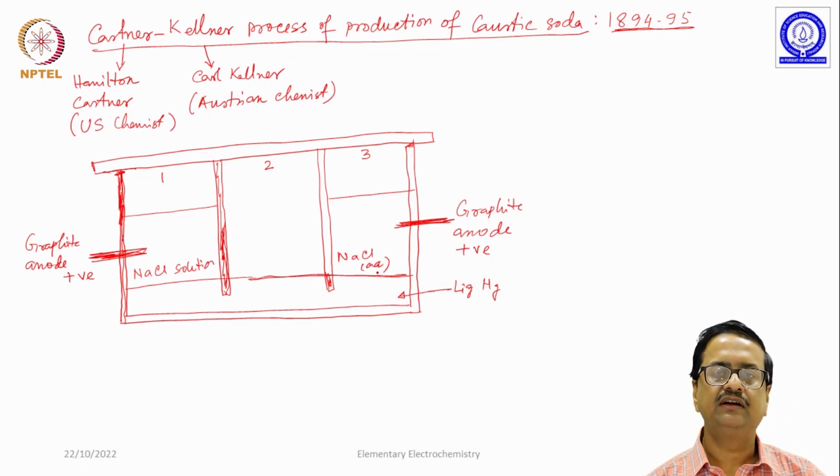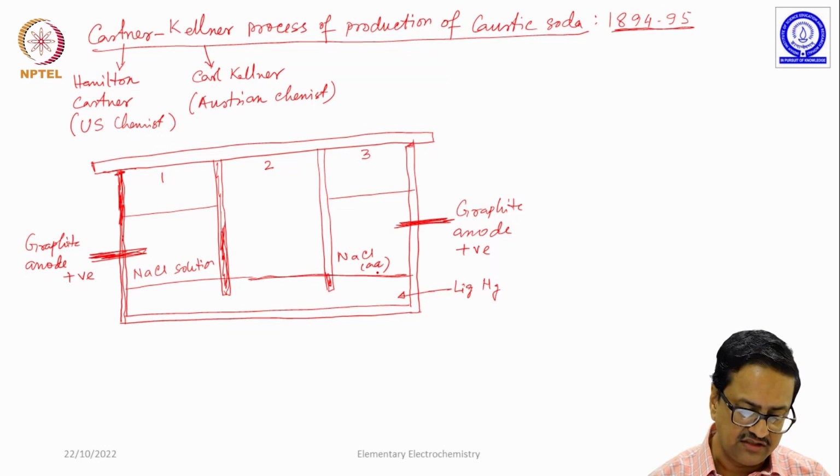A saturated solution of sodium chloride in water is called brine solution. The central chamber was filled with a dilute solution of sodium hydroxide.